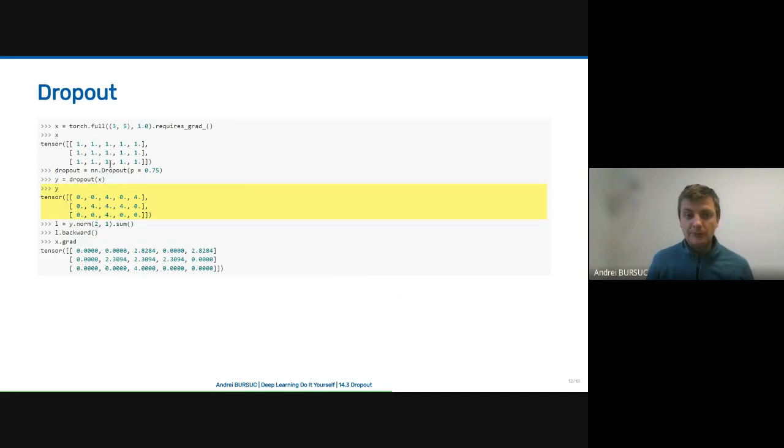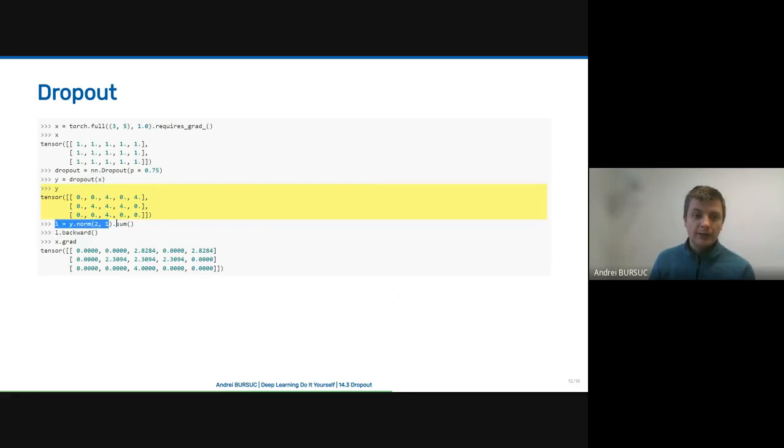Instead of 1. If you remember, I was telling you that during train time we multiply the remaining activations by 1 divided by 1 minus p. So 1 minus p is 1 minus 0.75, which is 0.25, and 1 divided by 0.25 is 4. That's why we have all these values with 4, and the remaining, masked ones are 0.